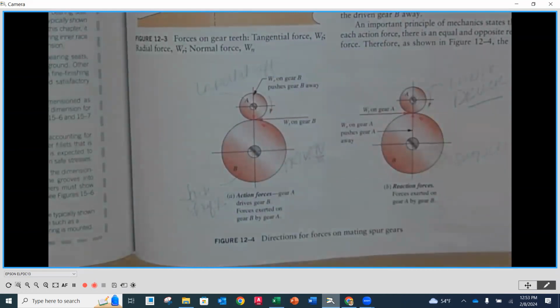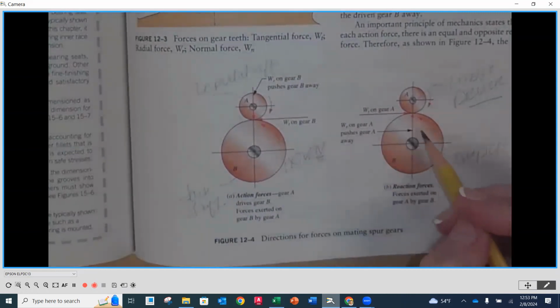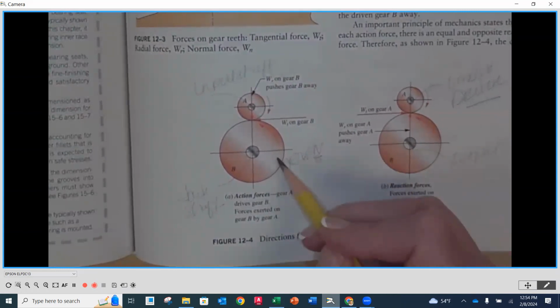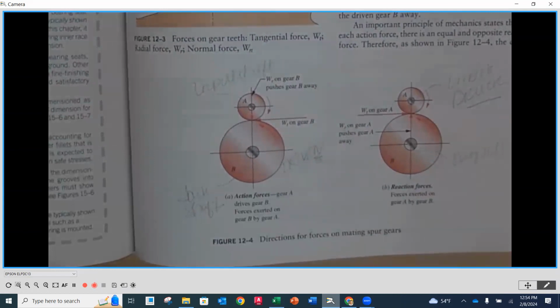Now, if I'm a driver, C is a driver. C is going to take what it gets from A as it comes down the shaft, and it's going to send it out to Q. C, when it's a driver, even though the rotation goes in the same direction as the driven, it has to overcome the driven gear.